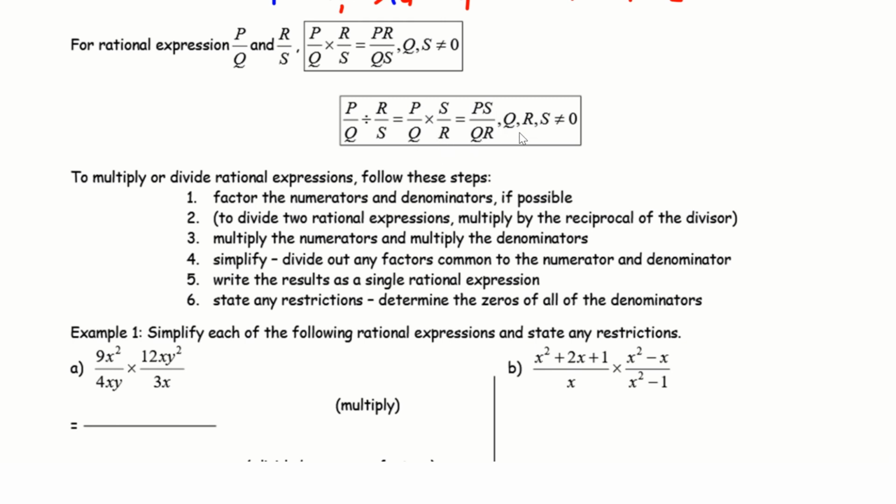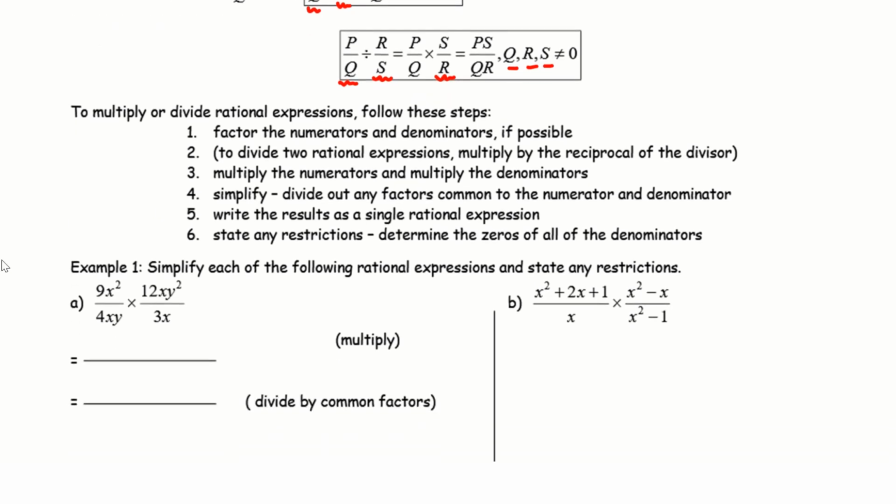And for the rational expressions, be careful with your restrictions. Multiplication, you have 2 denominators. For division, you have 1, 2, and also once you flip, you have 3 denominators to find the restrictions.